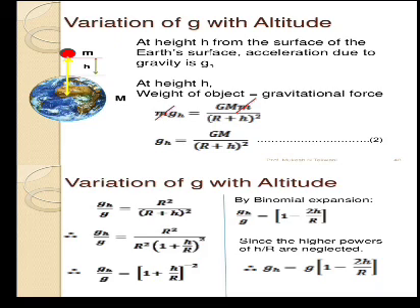So by simplifying this equation, lastly we get gh equal to g into bracket 1 minus 2h upon R. Also from this equation, the value of gravitational acceleration at height h from the Earth's surface goes on decreasing with height.